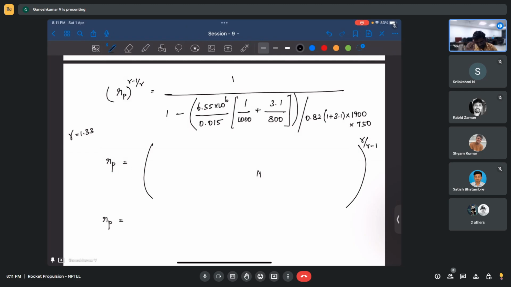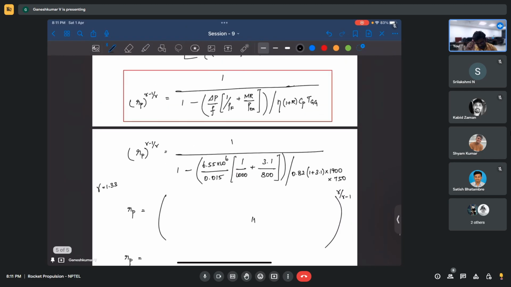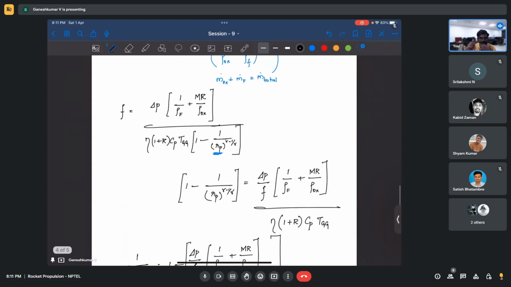I could have started with this relation, but I did this in order for you to understand that the energy conservation is giving this formula, so that you will appropriately apply this conservation for whichever cycle you have, let's say a staged combustion cycle or an expander cycle.